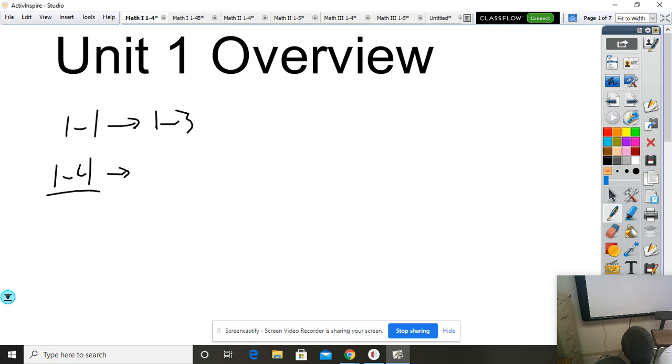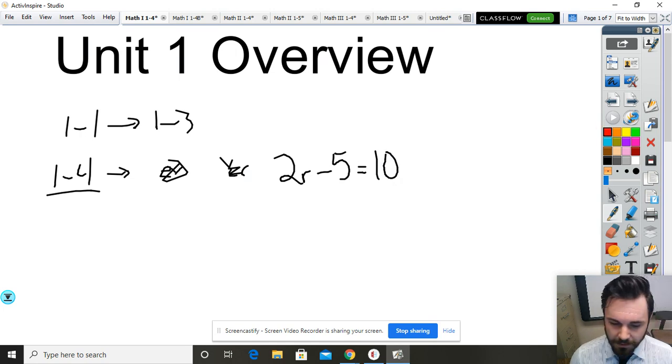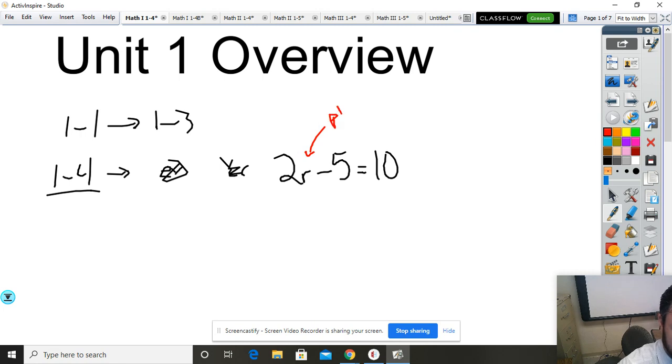Anyway, whenever we have equations, and an equation is anything with an equal sign, for example something like 2r minus 5 equals 10, we could absolutely try to plug in numbers.